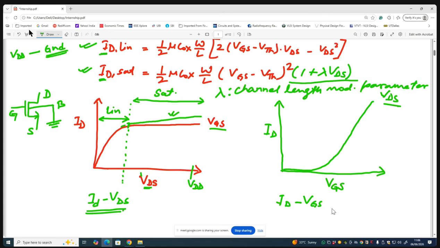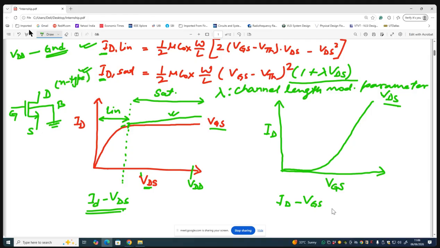Therefore, the body of the N MOSFET is connected to ground. Now, the drain will always have a voltage greater than 0, and therefore the drain body junction will be reverse biased because the N MOSFET drain is N type.